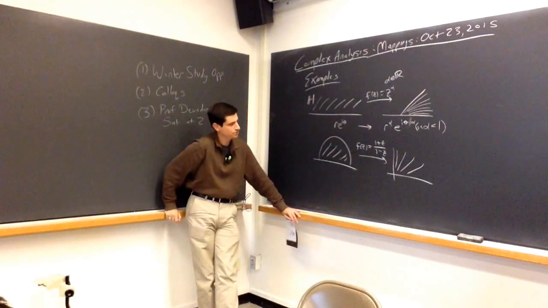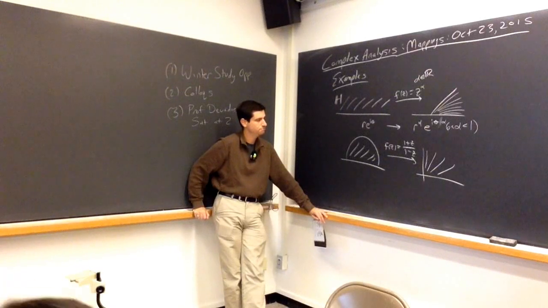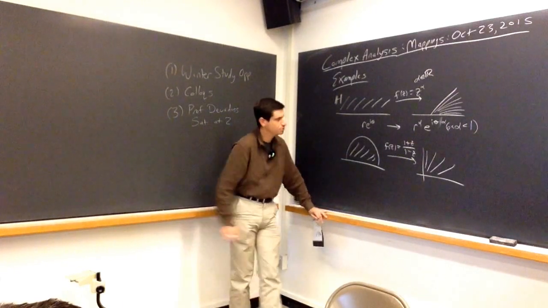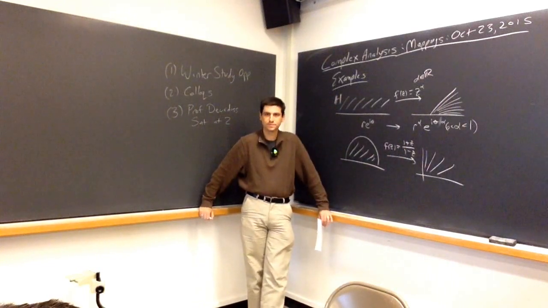What about this function? We claim that this is sending the upper half circle to the upper right quadrant. So how would you try to analyze something like this? When you have an expression like this, how would you try to understand what's going on? Make the denominator real.